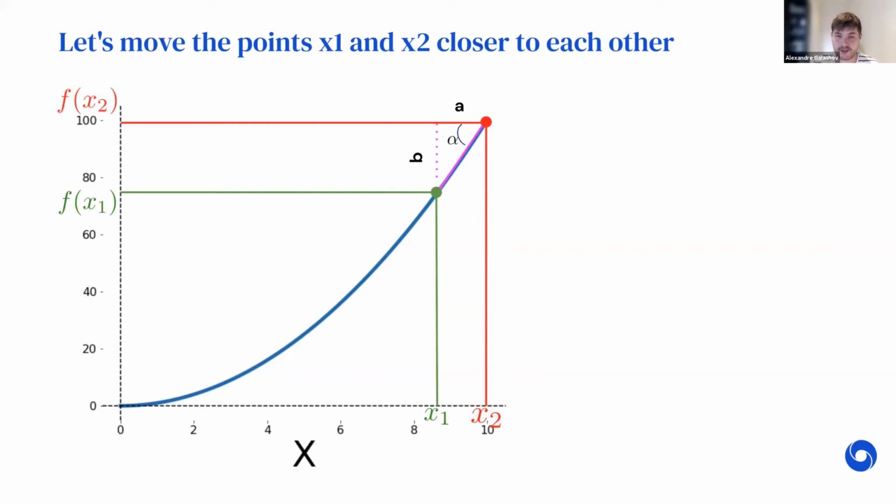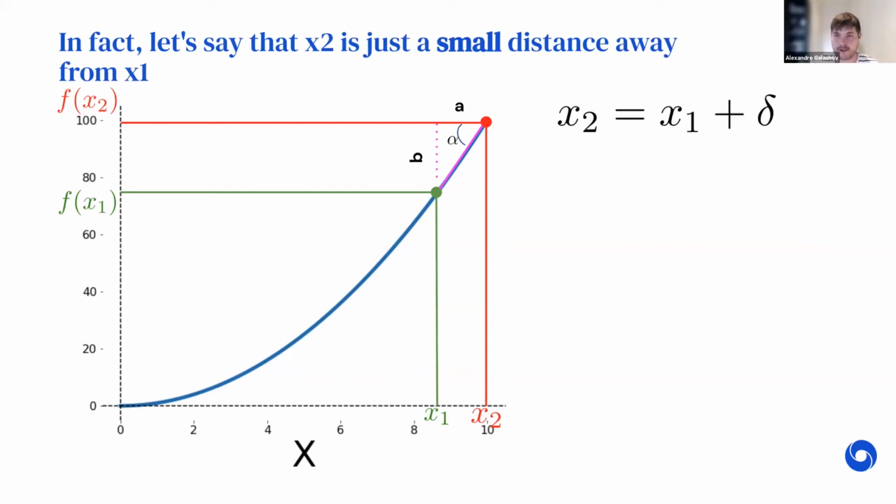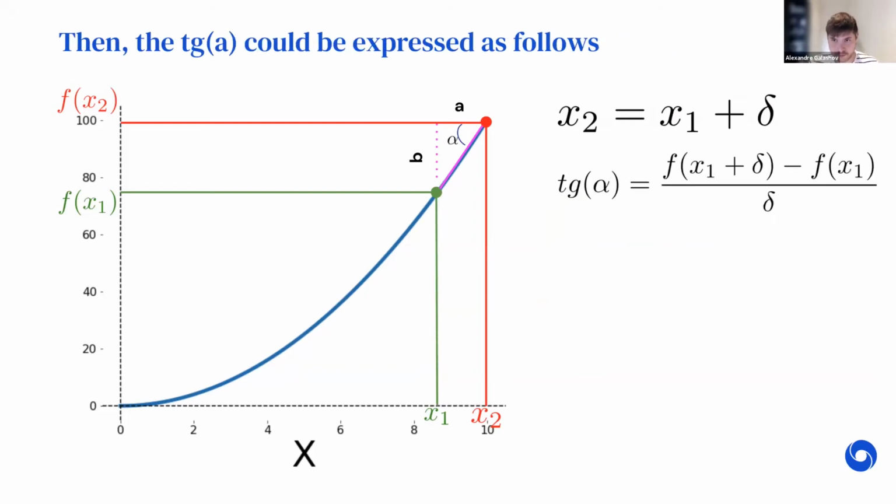But right now, let's say that x2 is equal to x1 plus some delta. So we just rewrite the definition of x2. We say that it's x1 plus some delta, and we want this delta to be small. So we want the points to be very close to each other.